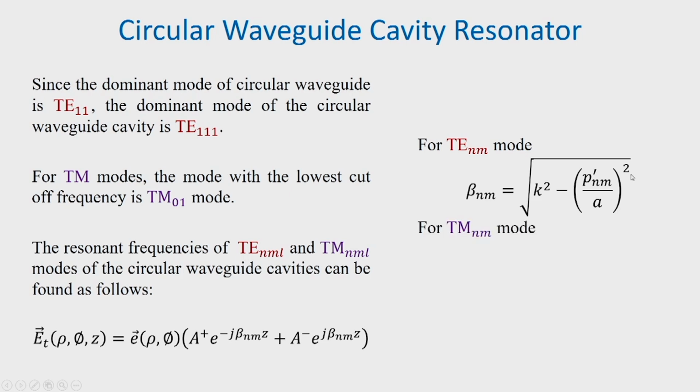We remember that this term is the roots of the derivative of Bessel function, and for TM nm mode we have beta nm is equal to square root of k square minus p nm by a whole square.